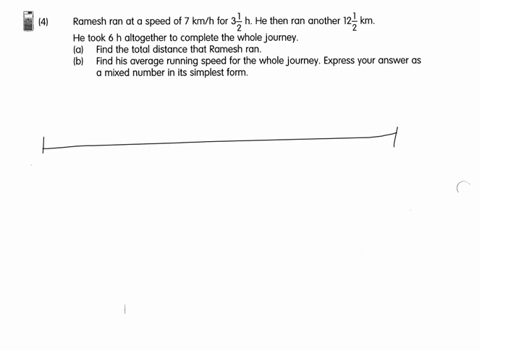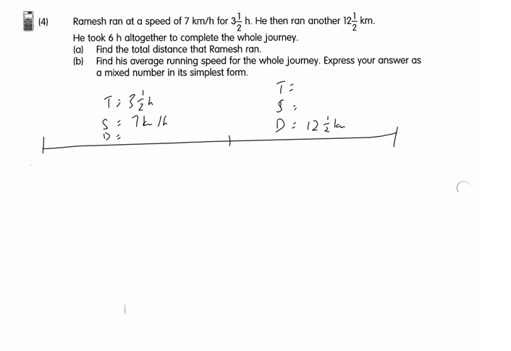I don't know which part is longer. But the first part, he actually took a total of 3.5 hours. His speed is 7 km per hour. Second part, the distance is 12.5 km. So we need these 3 pieces of information, right?